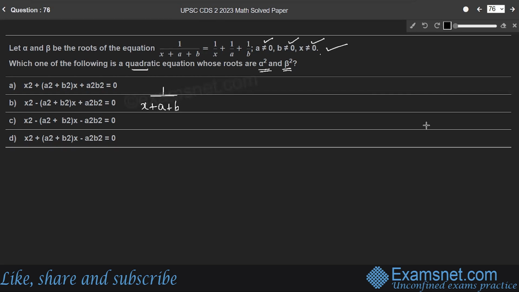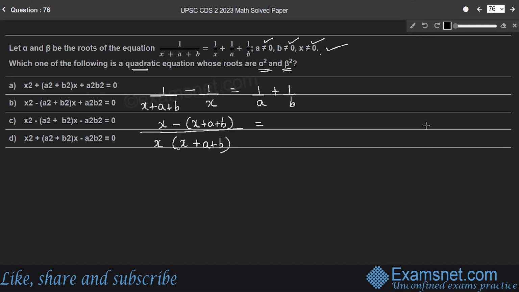We have to express the given equation in terms of a quadratic equation, the general form. Here I'll take 1 by x to the left hand side. It becomes minus 1 by x is equal to 1 by a plus 1 by b. In the left hand side, I'll take the LCM, which is x into x plus a plus b, and the numerator becomes x minus x plus a plus b.